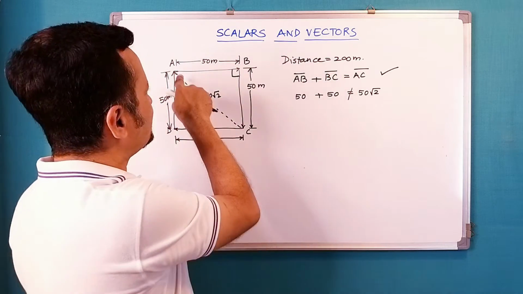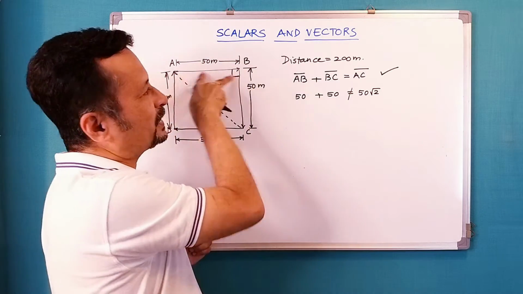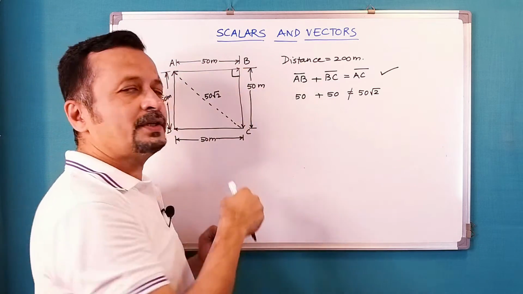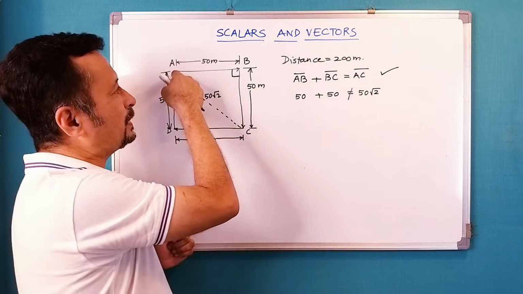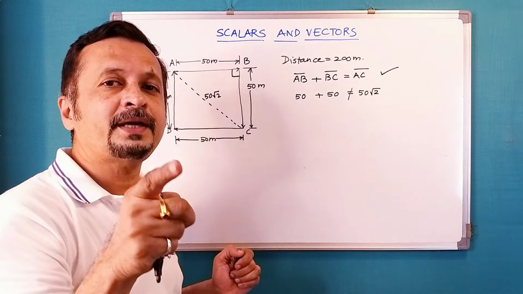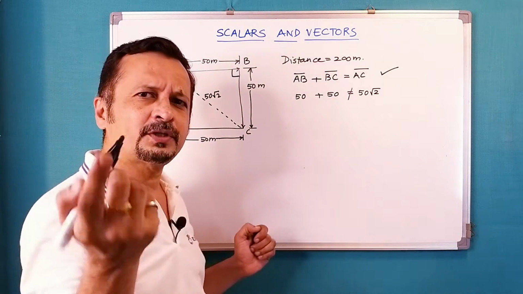So what I did, I started from A, I walked to B, so this is one displacement. From B to C there is another displacement. So I connected the tail of my first vector with the head of my second vector, and I got the resultant, isn't it? And that is what triangle law says.